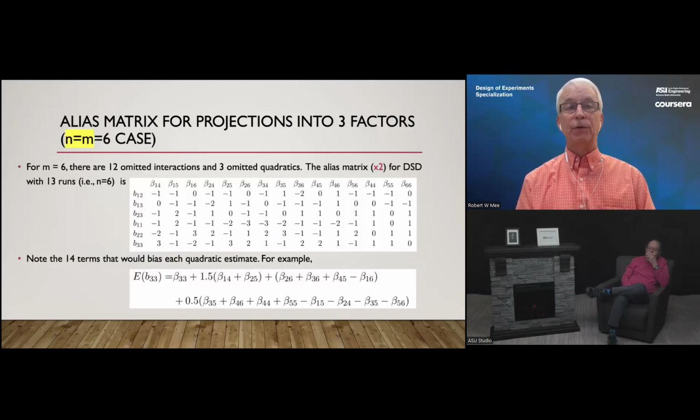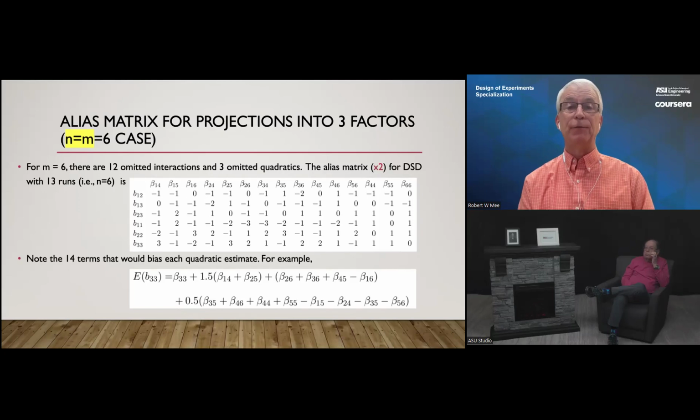Here is a definitive screening design with 6 factors made from a conference matrix with 6 rows, so 12 runs other than the center point runs. With 6 factors, there are 6 choose 2, or 15, two-factor interactions, and we've omitted 12 of those since we've only put in 3 interactions. And we've omitted 3 pure quadratics when we fit the reduced model.